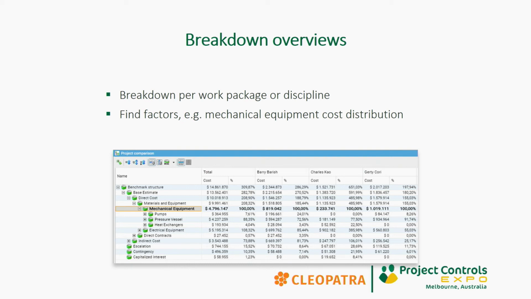So if you have a default standardized CBS, cost breakdown structure, that you use throughout your projects, and you're able to benchmark your projects according to that structure, you're able to compare apples with apples instead of apples with pears, and really draw from that and apply that again. So for instance, the mechanical equipment cost distribution that you see over here: what is the distribution between the different types of equipment items?